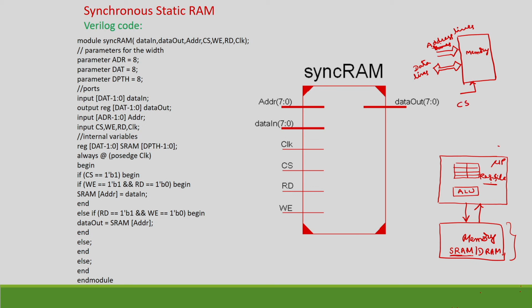Normally in ICs the chip select signal is active low, but here, for the sake of simplicity, I am assuming an active high signal. So, CS equal to 1 means this IC is selected. Then we can read as well as write, so there is a read signal, one write enable signal, and of course we require the clock.